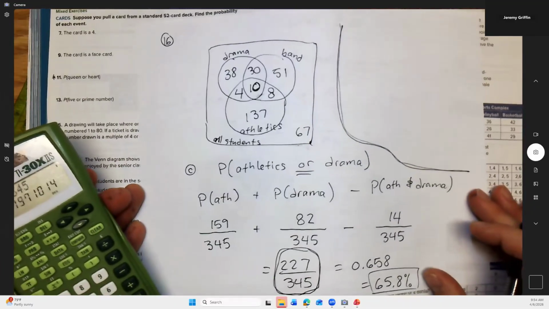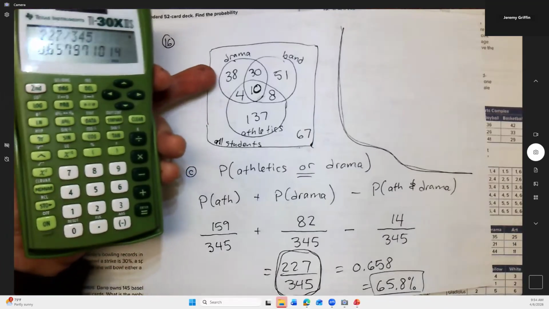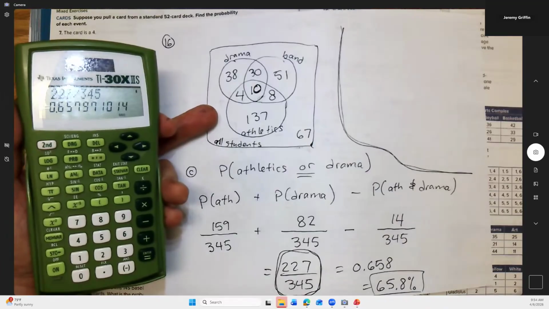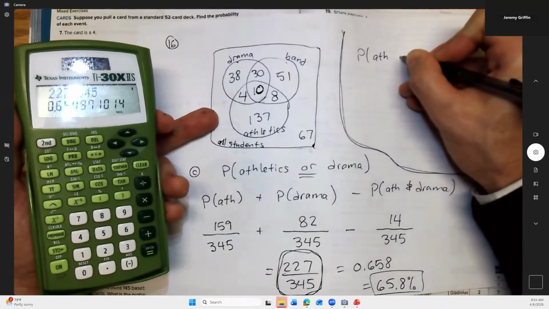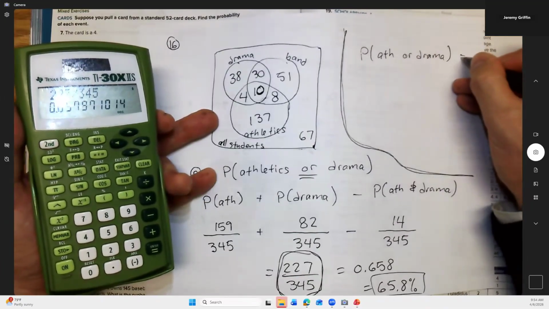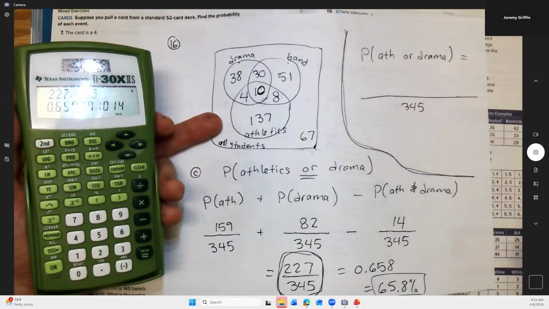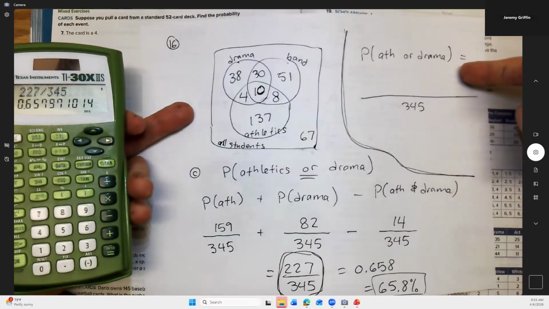It should be the same answer, which is, let's see, athletics or drama. I could just add up all the relevant wedges. So I could say probability of athletics or drama equals. Now I know there's 345 students altogether. And I can just add up the wedges that are relevant to this condition.